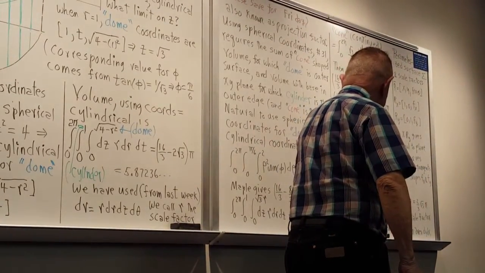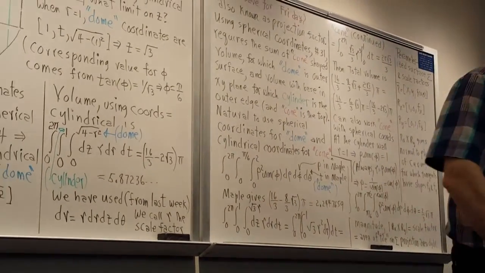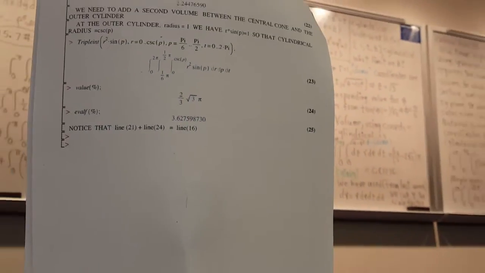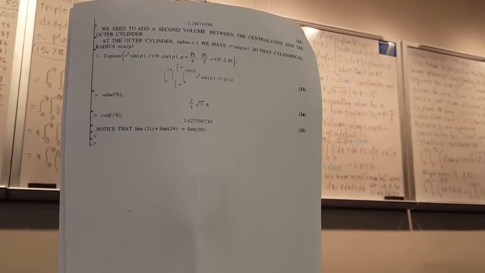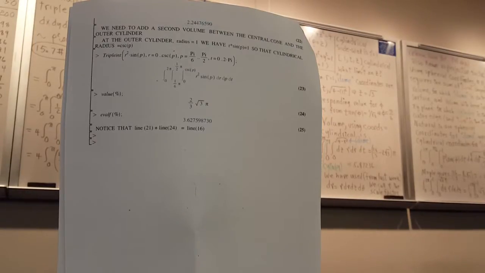Okay, so if you do this integral, that would be the way I did it with Maple. If you look at the very last thing that you have there, triple int, remember I'm using the letter R for rho as I'm typing. So it's really rho square sine phi, and then 0 to cosecant, pi over 6 to pi over 2, and then 0 to 2 pi. So line 23 is the triple integral, which is this one.